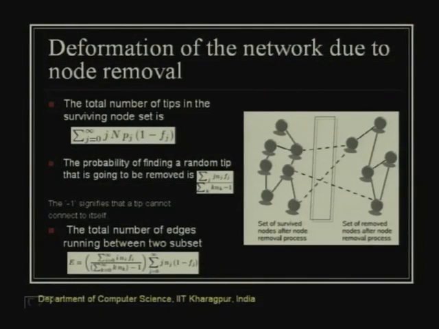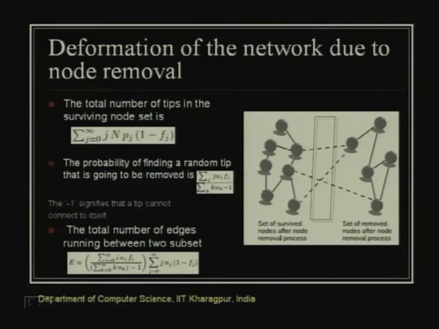Summation of k n k. And if I pick up a tip, how many tips are left? Summation of k n k minus 1. So now my question is, given a tip that I have already picked up, if I pick up another random tip, what is the probability that it is the other end of that tip? It is 1 by k n k minus 1. Very good, Arpit.